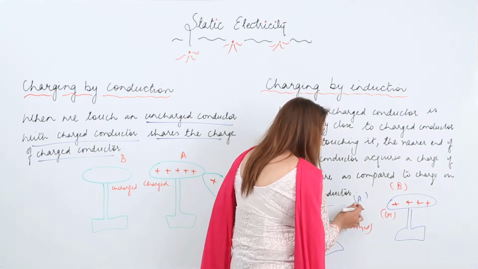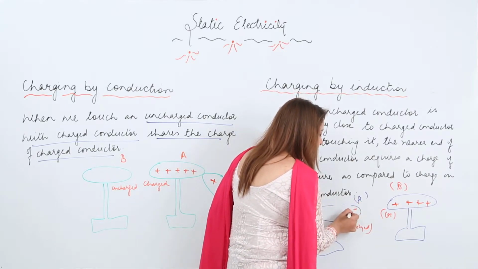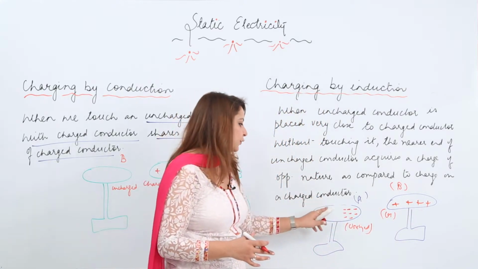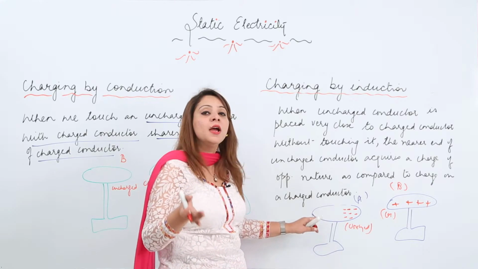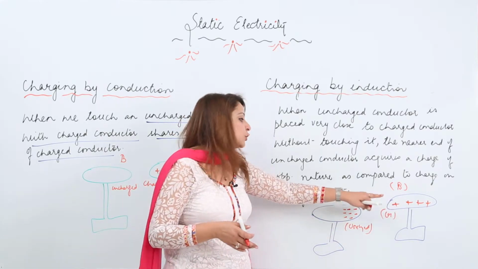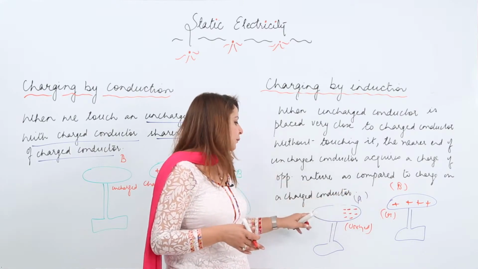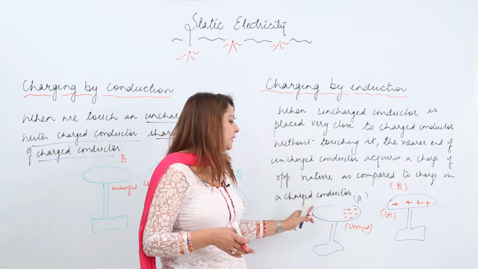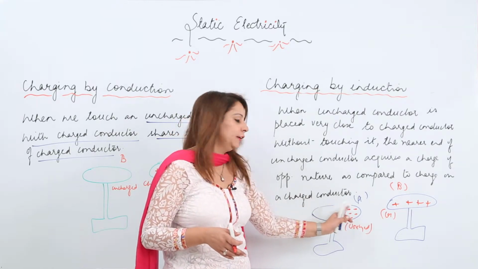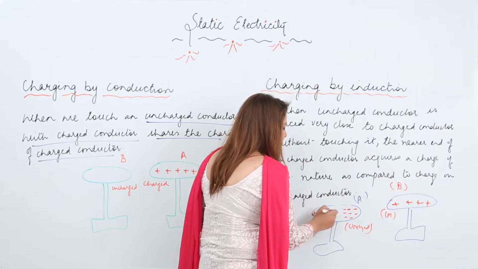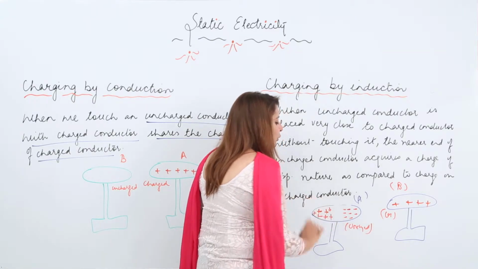As a result, this corner will acquire a negative charge, because many of the electrons which were uniformly distributed before, after keeping near the charged body, are attracted. So there is now unequal distribution of charges. The negative charge will move towards this corner, and as a result the other side will acquire a positive charge, because this side will become rich in protons.